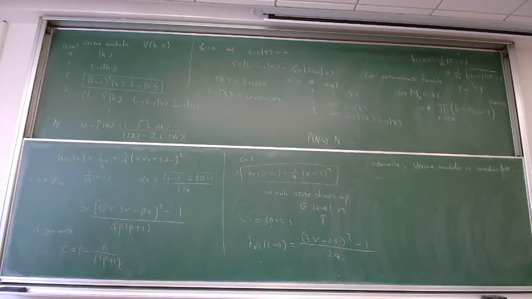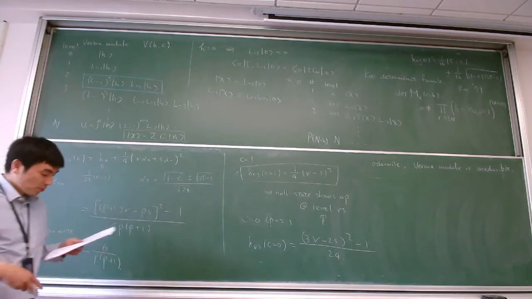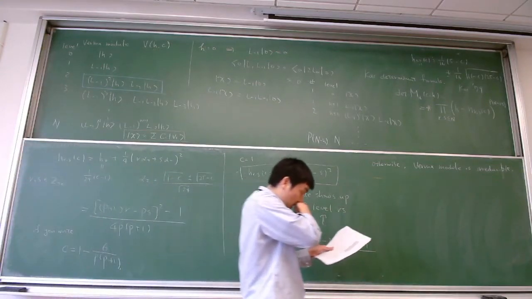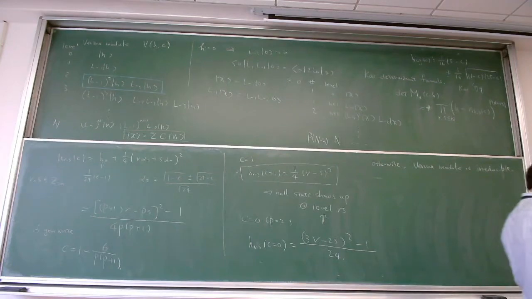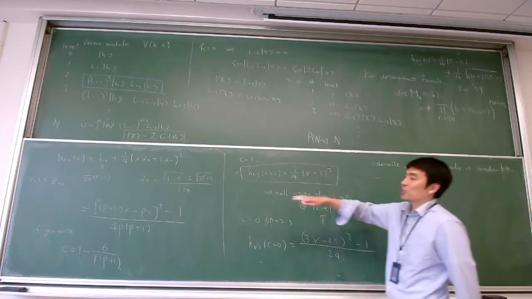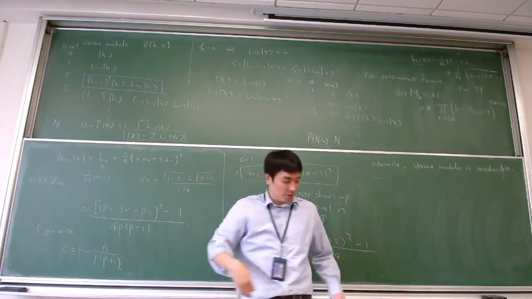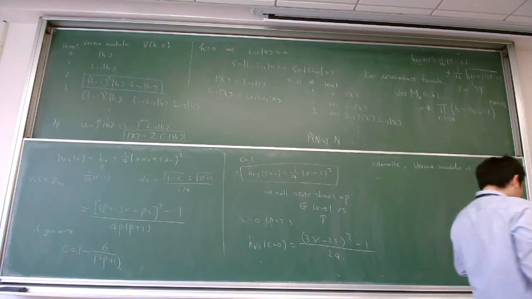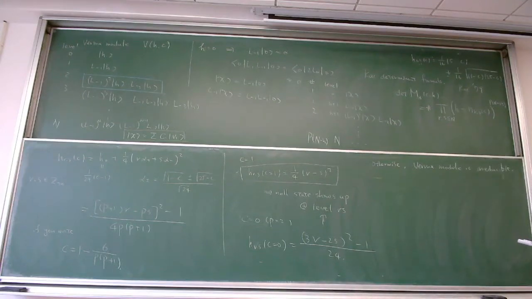And then the relation between c and h in Kac's determinant formula is written in the figure in the lecture note. You just need to solve this equation. It's a really boring procedure, but it's super easy, and you just get a curve.